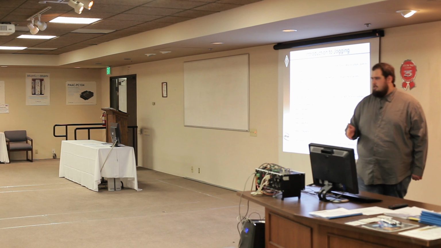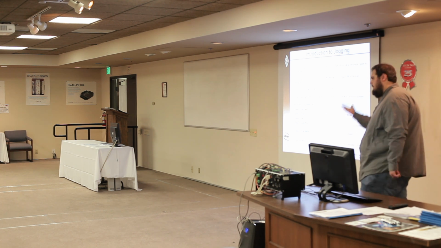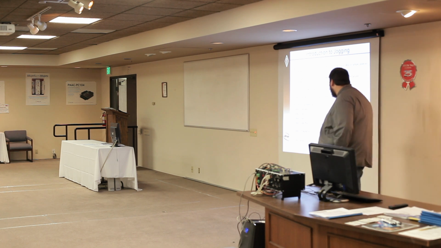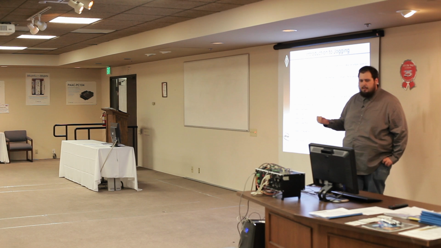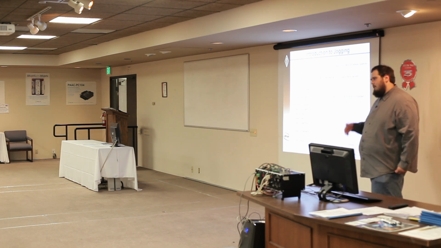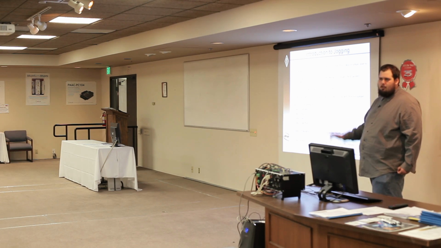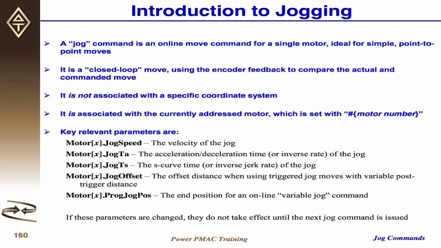Jog TS is the same thing, but for your S-curve time, which is the jerk, the derivative of acceleration. There's jog offset, which we'll use a little bit when we get to triggered moves, which is the next section. And there's prog jog pause, which is a programmable jog position. That one is not very often used, but we'll cover that a little bit here too.